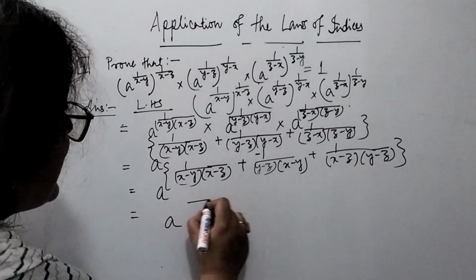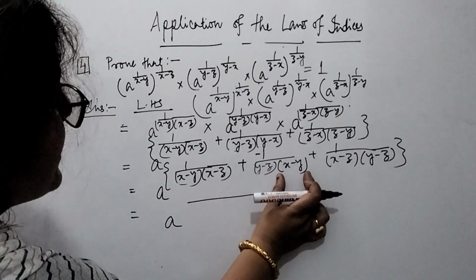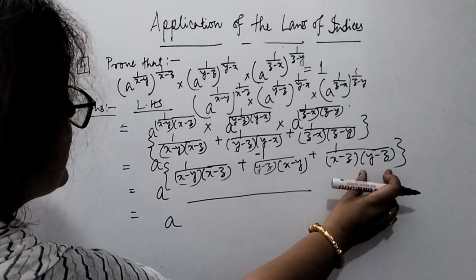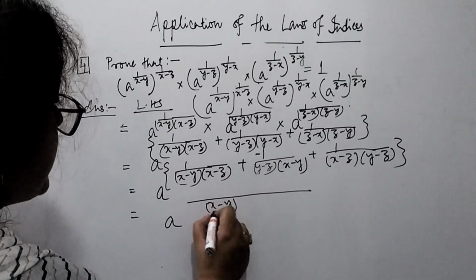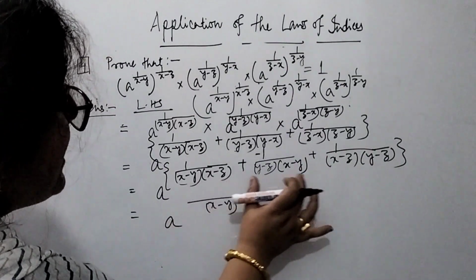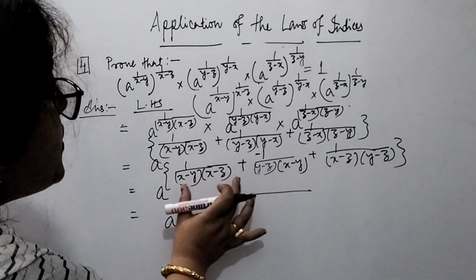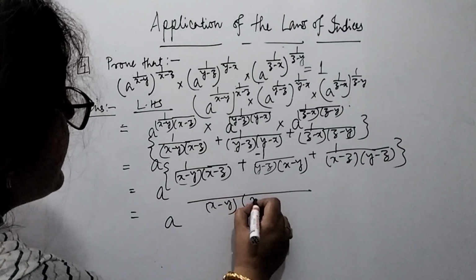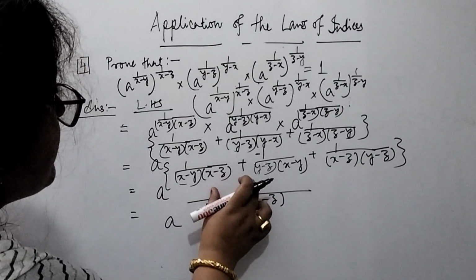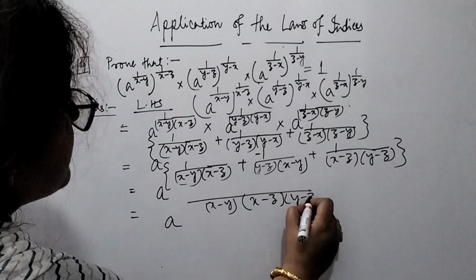What is it? Yes, (x minus y)(y minus z)(x minus z). So let's write it, because you have to add these 3 fractional expressions, right? So you must find the LCM of the denominators. So this is (x minus y)(x minus z)(y minus z).